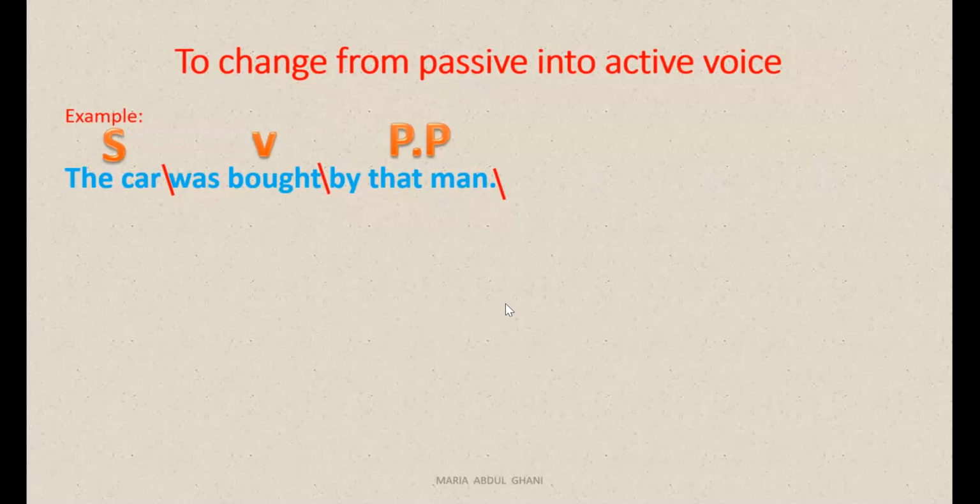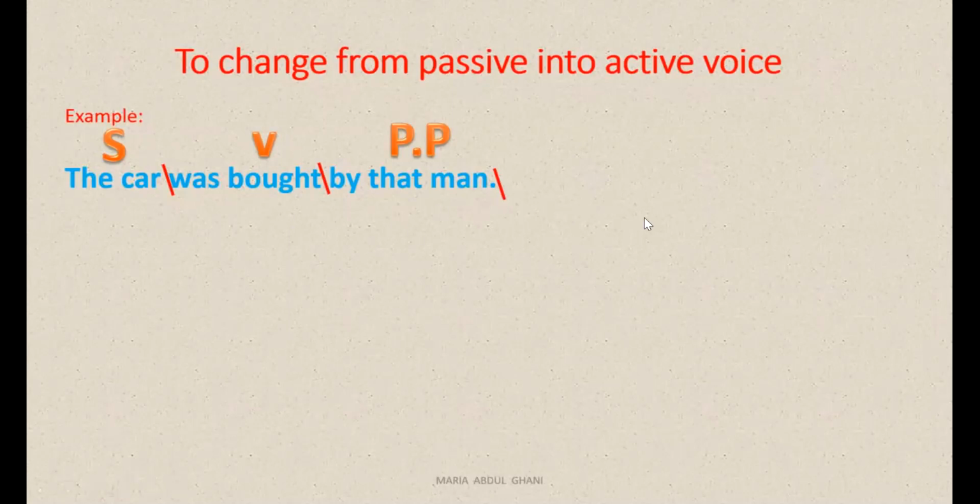Is the car the doer of the action? No. It's not the car. The man is the doer of the action. So this sentence is said to be passive voice. Why? Because the subject is not the doer. Here is the doer. Fine. So we have to change it to return it back to active voice.